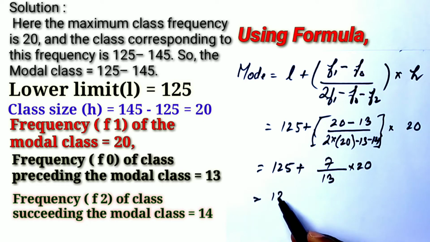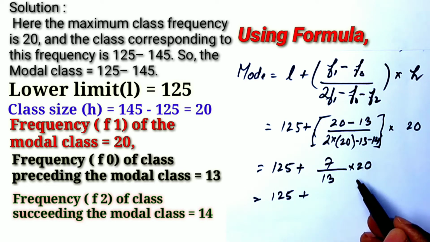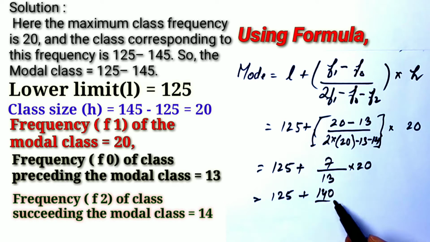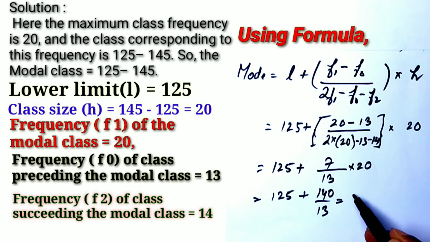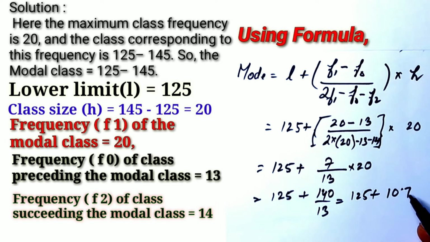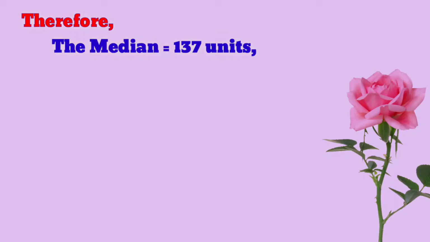So it is 125 plus 7 into 20 is 140 divided by 13, which will be equal to 125 plus 10.76, which is 135.76. This is our mode.